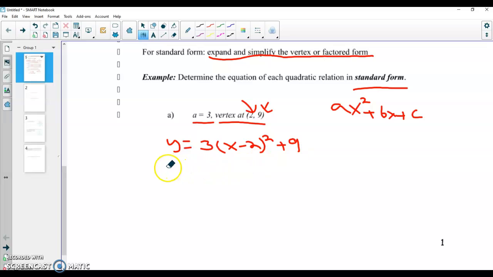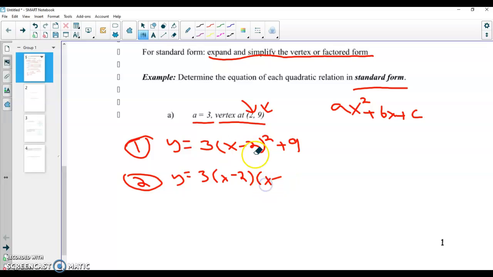And so now what we can do is expand and simplify to get our standard form. So this is our first step. We wrote it in the vertex form because we had enough information to find the vertex form. Our second step is to expand and simplify. And so we're going to get y is equal to 3 times (x minus 2)(x minus 2) because it's squared, and then plus 9.